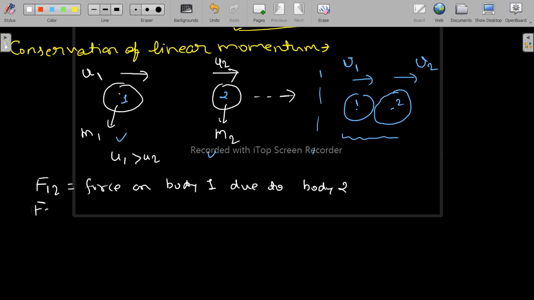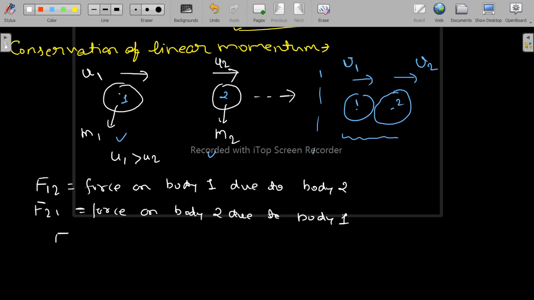This is the simple way to represent it. It may be different in different books. And if I write F21, this means force on body 2 due to body 1.